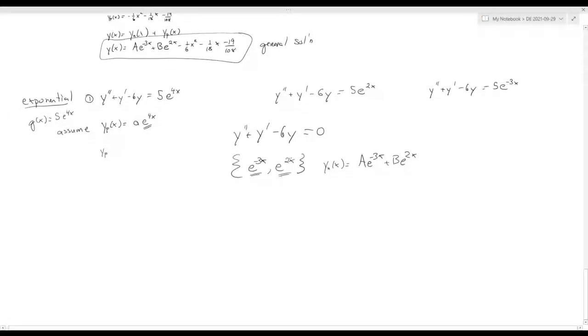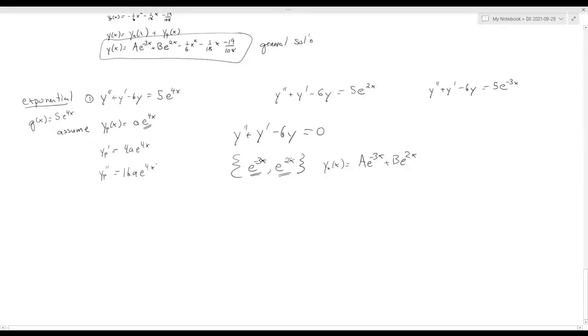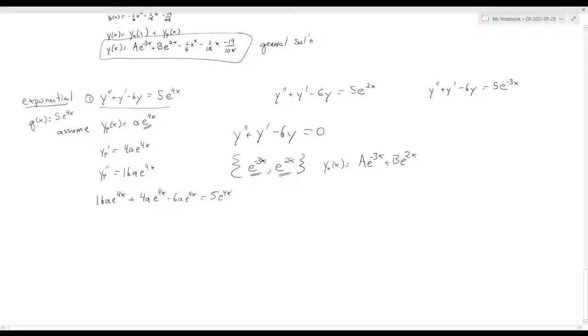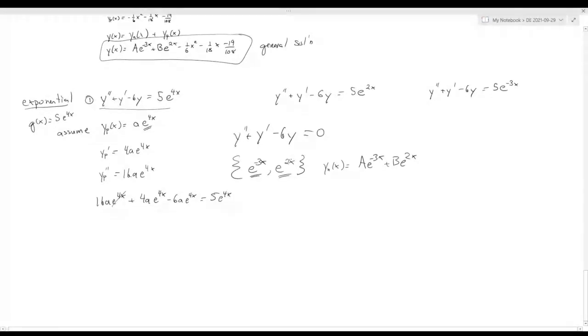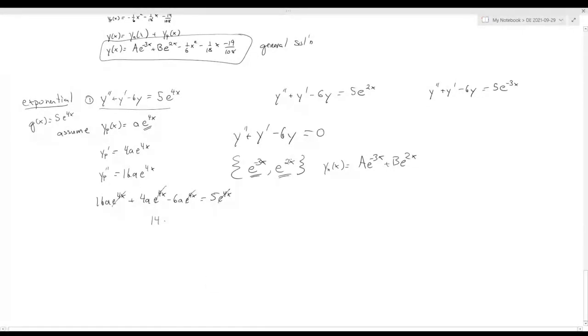To see what A has to be, of course, we're just going to differentiate a couple times and plug that into our original non-homogeneous equation. So y double prime plus y prime minus 6 times y should be the right-hand side function. Notice that e to the 4x just cancels out everywhere, and so we're left with some number of A's on the left.